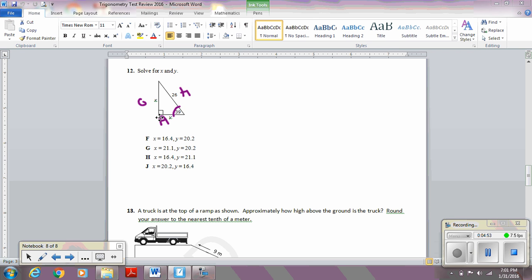If I start with x first, I would use opposite and the hypotenuse, so that means I would use sine. So the sine of the provided angle, 39 degrees, is equal to opposite x over hypotenuse 26. If I cross multiply, x is equal to 26 times the sine of 39.